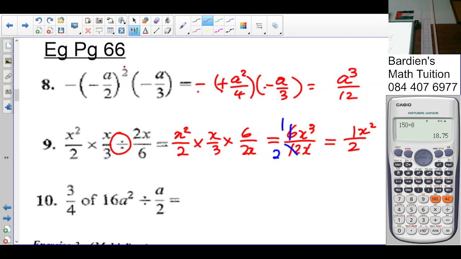That's why when I simplify, most of the time I only simplify out my numbers, and then cancel the variables afterwards, because I can get confused. But this method is a bit bulky, the numbers are bigger, but it's less of cancelling. Any one of those two methods can be applied. Okay.